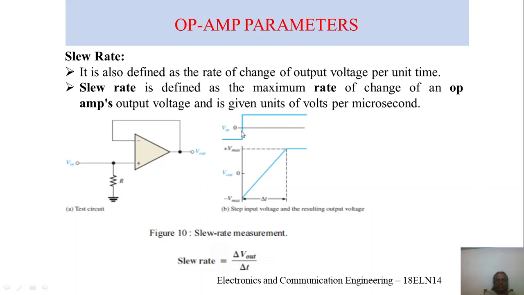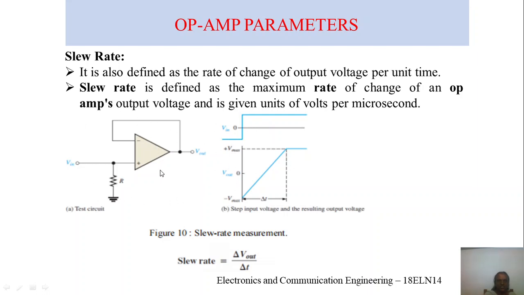The slew rate is dependent upon the high frequency response of the amplifier stages within the op-amp. Slew rate is measured with an op-amp connected as shown in this figure.